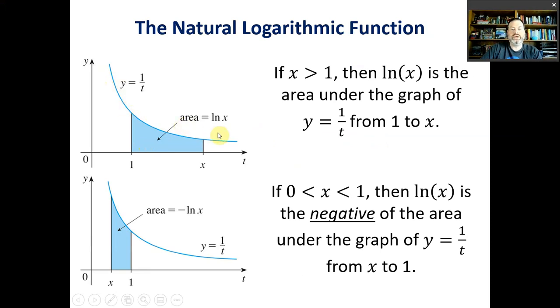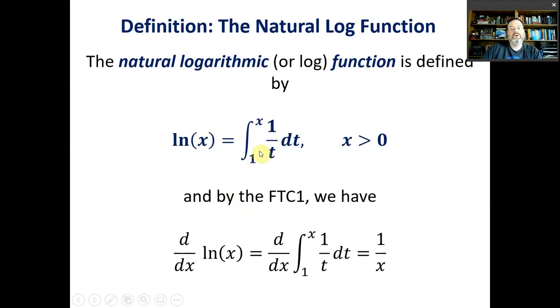Here's 1 over t. So the area from 1 to x is ln of x. That's if x is greater than 1. And if x is less than 1, we actually define it as the negative of the area. The reason is because of the definition. Go back and look at it here. If x is between 0 and 1, then we're going from 1 to 0, so we're putting a minus sign out front.